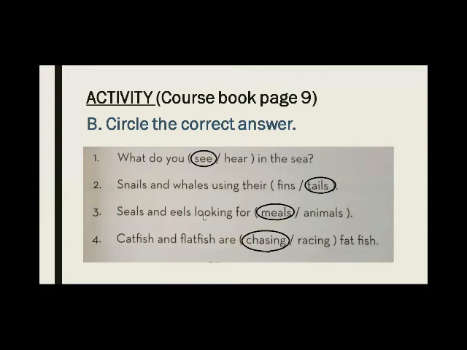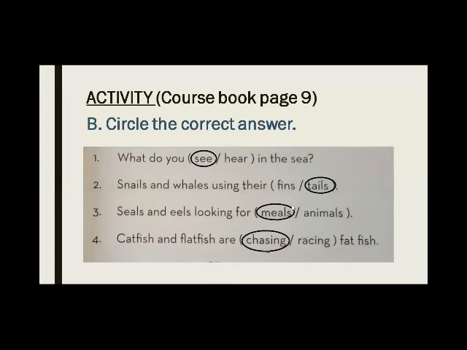You have to solve this exercise in your English course book. Okay, what do you see or hear in the sea? Snails and whales are using their fins or tails. Snails and whales are using their tails.